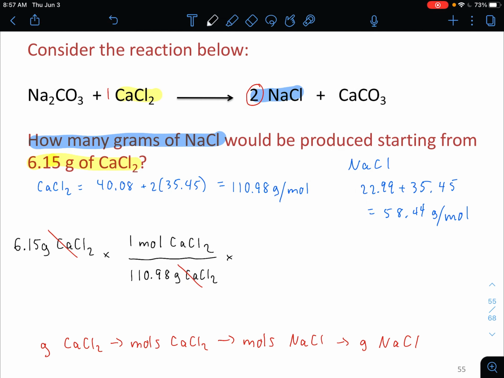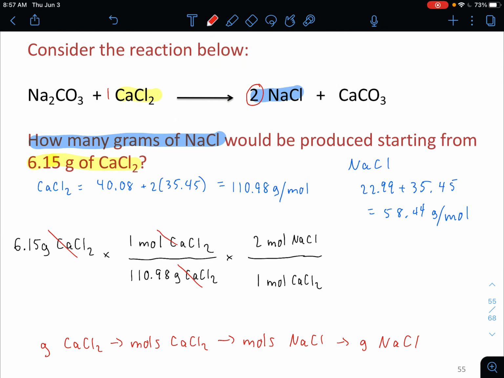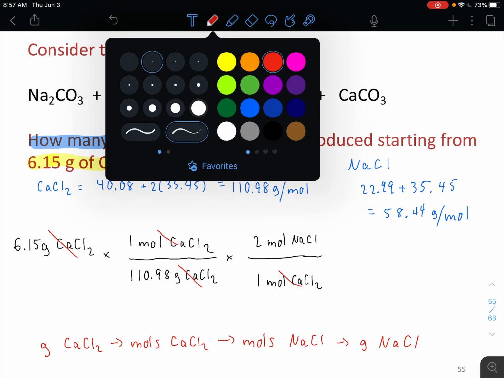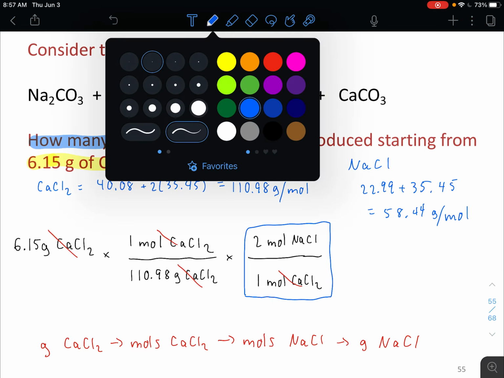Now we need to communicate with the balanced equation, which says 1 mole of calcium chloride in, 2 moles of sodium chloride out. So now moles of reactant cancel. You may see in my answer keys to the problem sets that I'll put a box around this step, just indicating that's the one and only place where I need to communicate with the balanced equation, and I've successfully done that.